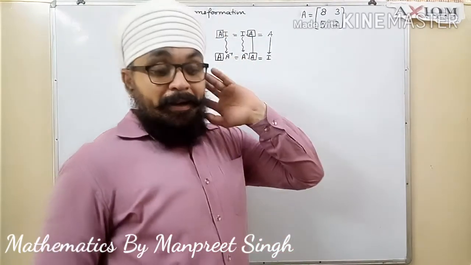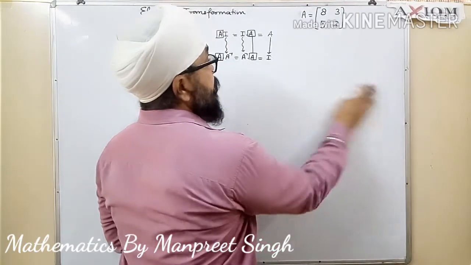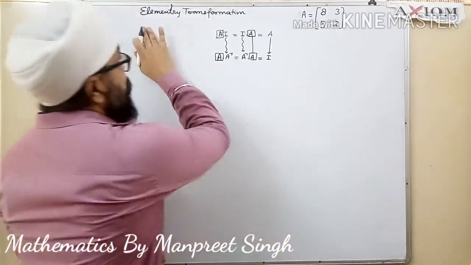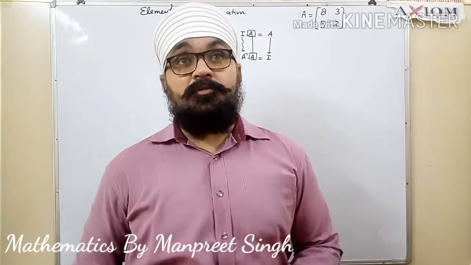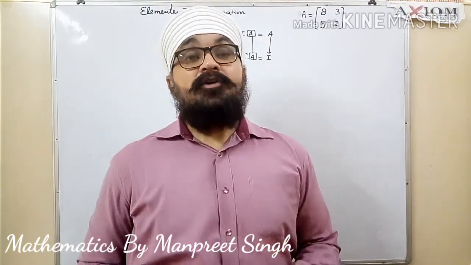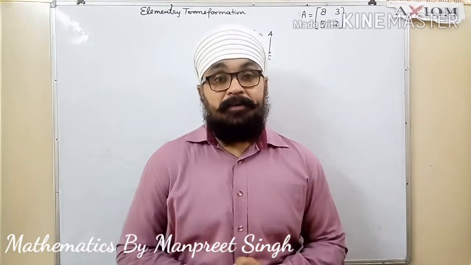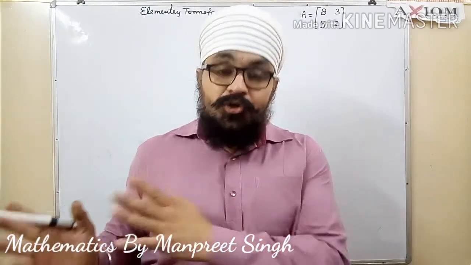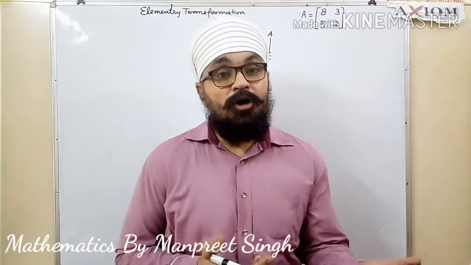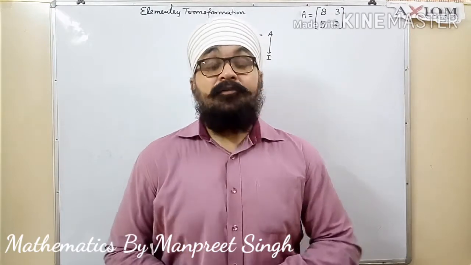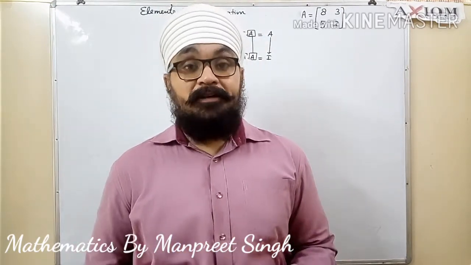Now this is the matrix given to you, and I am going to apply elementary transformation. For this, we should keep one thing in mind: we should go either with row transformation or with column transformation. As we used to do in determinants, where we could shift from rows to columns and columns to rows anywhere, here we have to be strict with row transformation or column transformation.